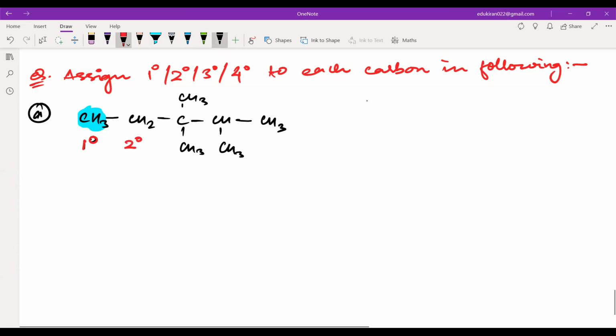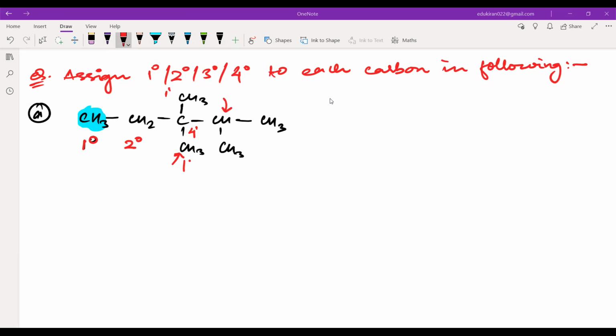What about this carbon atom? Look and tell me. It is attached to how many carbon atoms? 4. So 4 degree. What about this carbon atom above the 4 degree? 1 degree. What about this carbon atom? 1 degree. And this one?